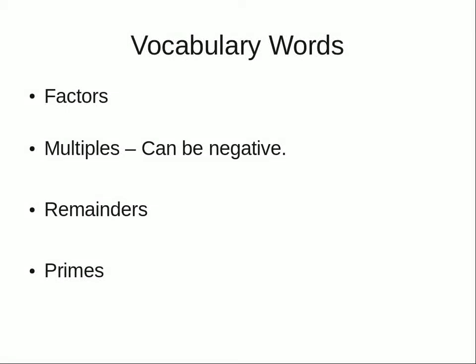The factors of 20 would include 2 and 10 because I could multiply 2 and 10 to get 20. They would also include 4 and 5 because I could multiply 4 and 5 to give 20. Usually when we refer to factors, we're thinking of integers and finding integer factors.